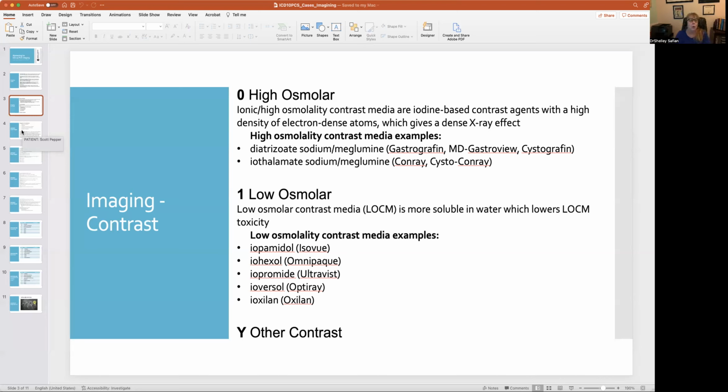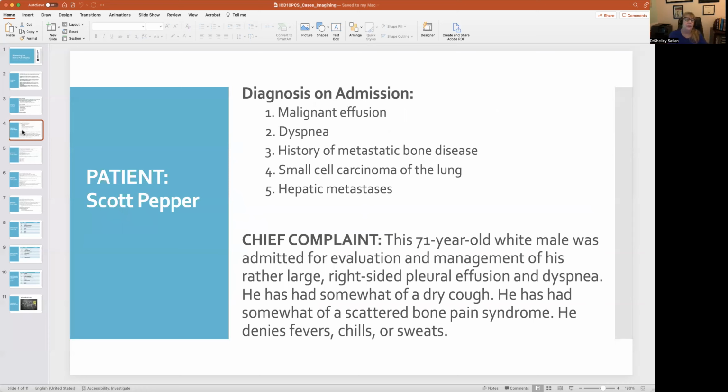Okay, so we have one case study to go through. All right. And this patient's name is Scott Pepper. All right. His diagnosis on admission to the hospital was malignant effusion, dyspnea, history of metastatic bone disease, small cell carcinoma of the lung, and hepatic metastasis.